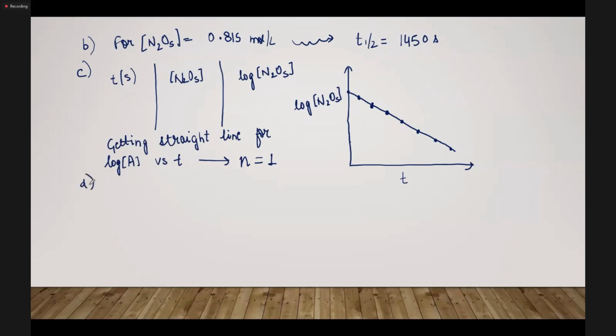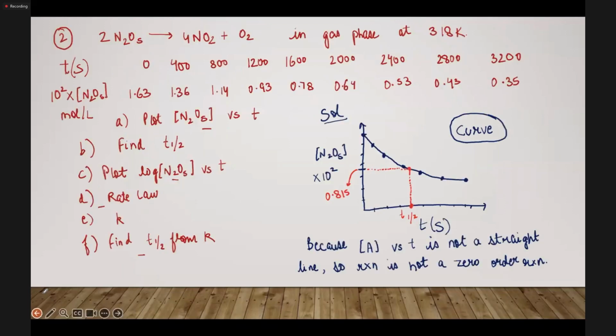The next part is to write down the rate law. The rate law will now be rate equal to k times A, first order with respect to the reactant N2O5 to the power 1.